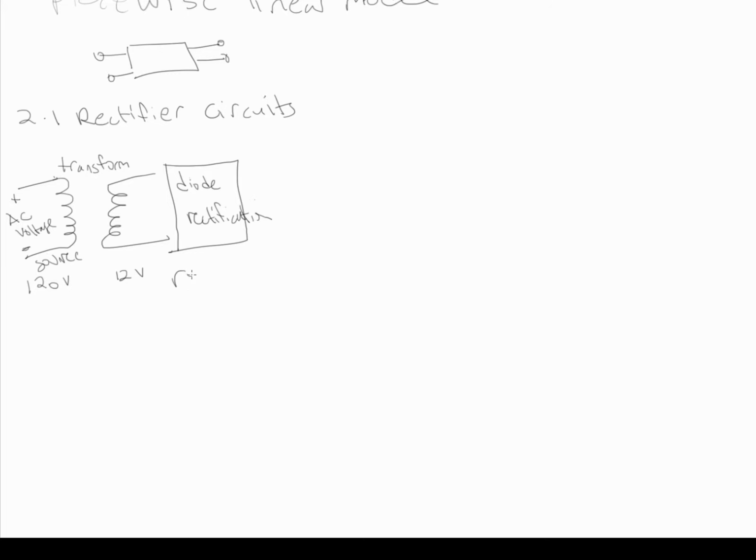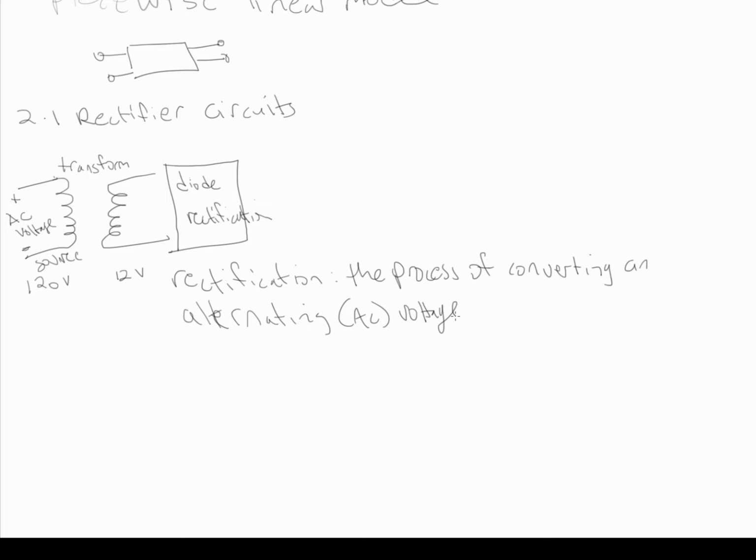So rectification is the process of converting an alternating, we'll say AC voltage, into one that is limited to one polarity.